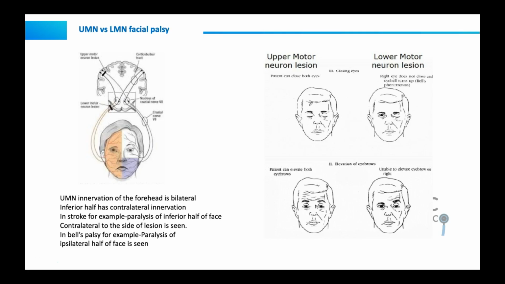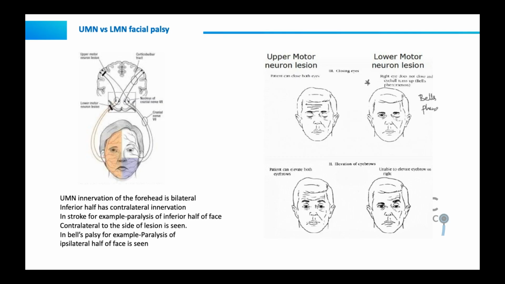Similarly, how to test it? The forehead is normal. So when you ask the patient to close both the eyes, in case of lower motor neuron nerve palsy, we have a phenomenon called Bell's phenomenon.